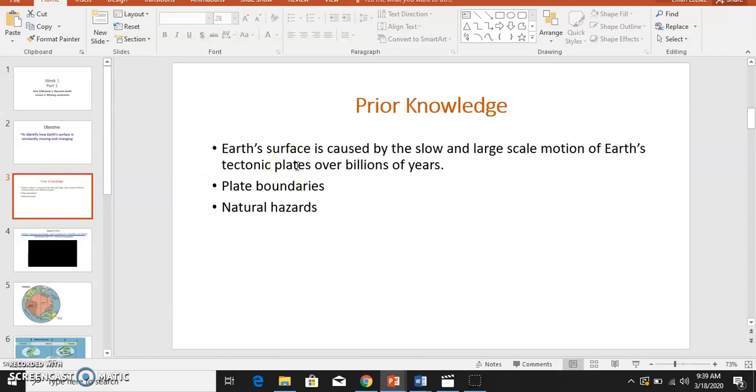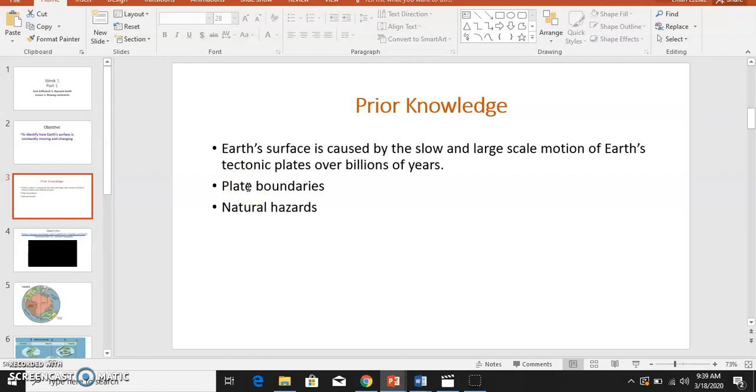The shape, the mountain ranges, the volcanoes, the hazards, the things that occur on the surface of the Earth as a result of the Earth's tectonic plates motion. Now, also in that lesson, we learned about the plate boundaries, the boundaries between each of the tectonic plates. Remember, each tectonic plate represents one of the continents of the Earth.